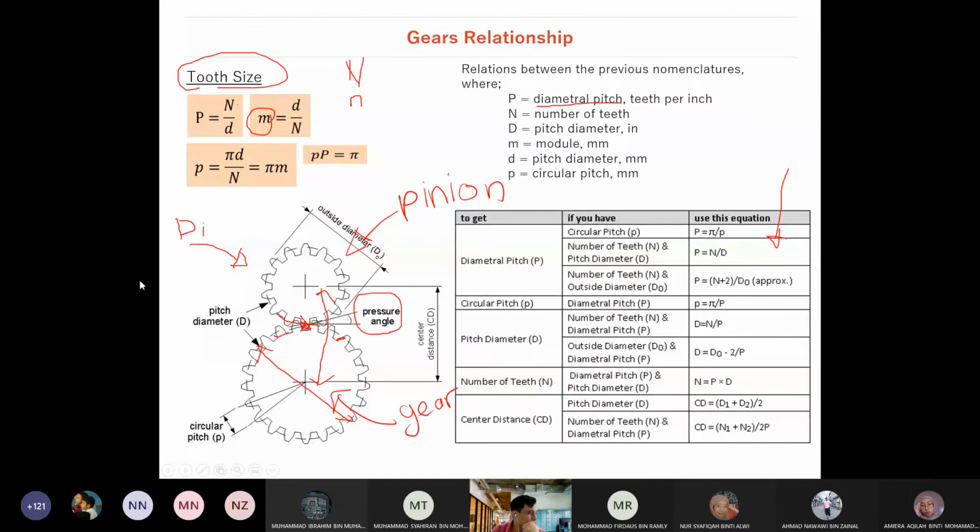So the formula that you need to use is this one. Okay, you get the module, you know the pitch diameter. You know that the question asks you to find D, but you are given the number of teeth. So basically you can answer it.